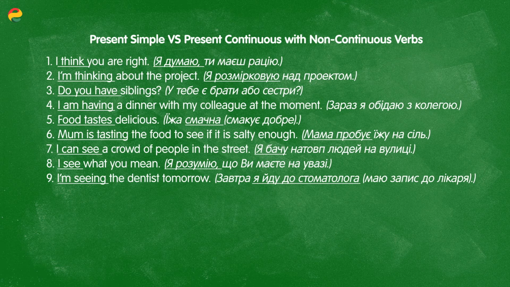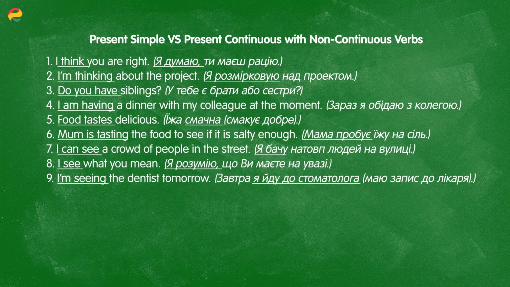And the third example, I'm seeing the dentist tomorrow, just like I'm leaving for London tomorrow. Here, I'm expressing plans, preparations, something I am planning to do in the near future and have already taken some actions, in this case, making an appointment, to do as I plan.